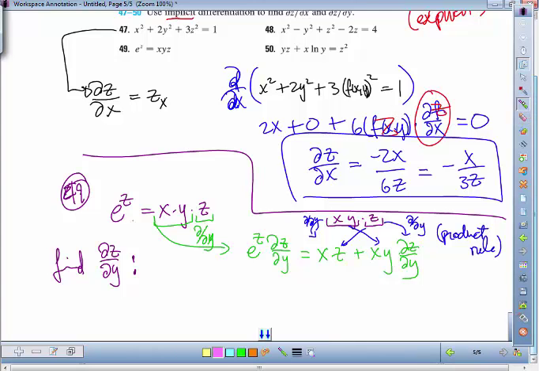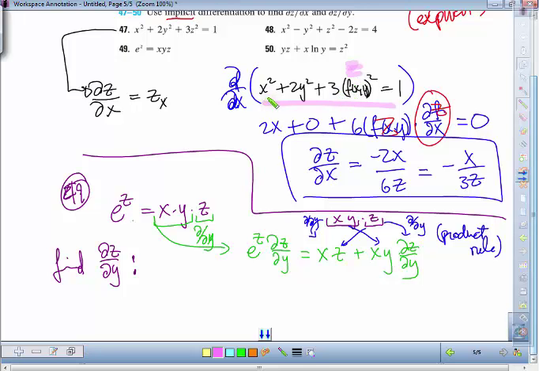I'll use a highlighter here. It's not a function, this is an equation that we want to take the derivative of. And remember, I changed this z into an f of x, y, just so I'm aware that z is a function of x and y implicitly.